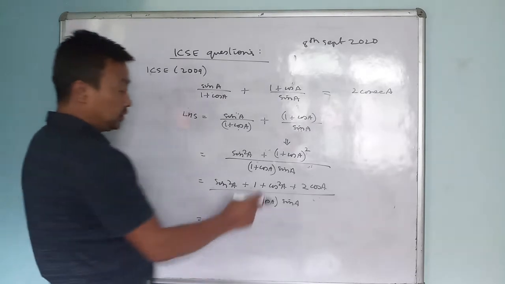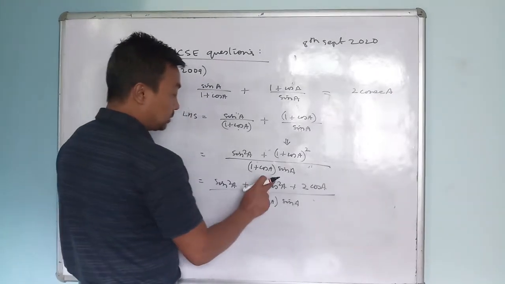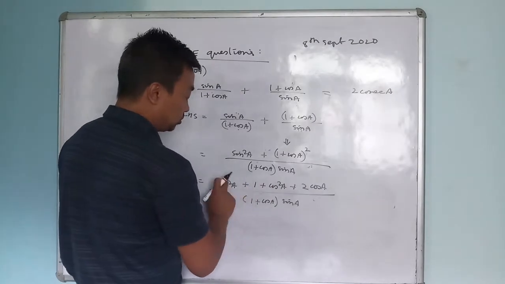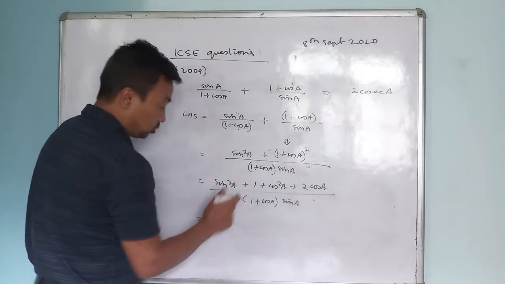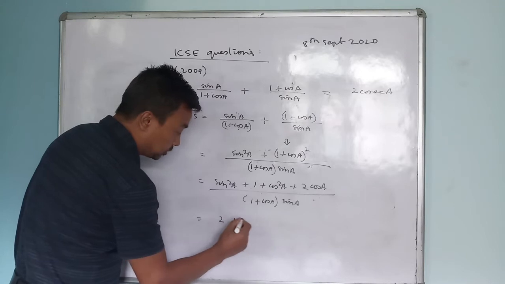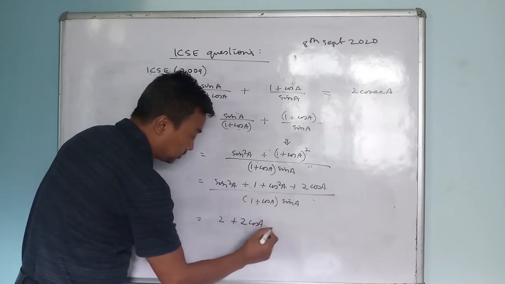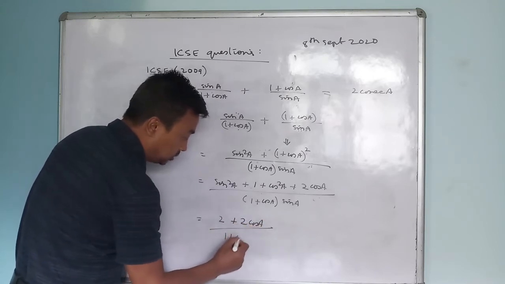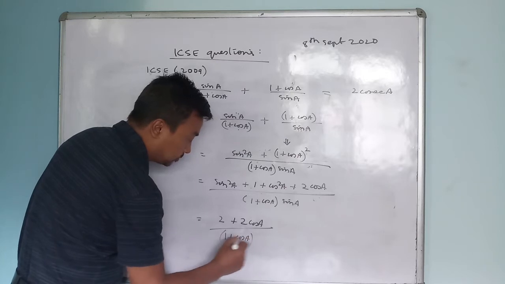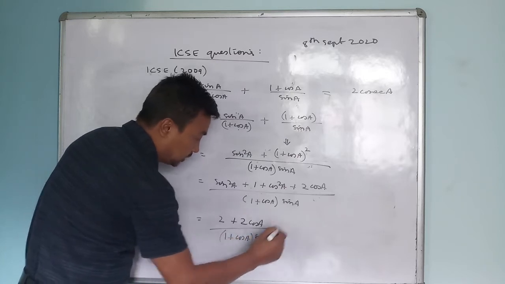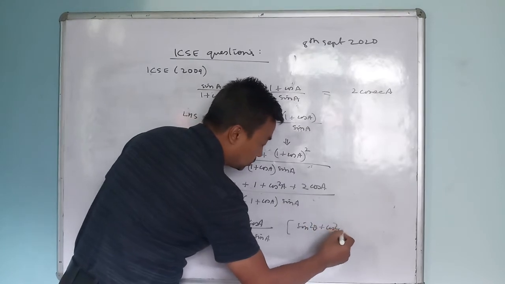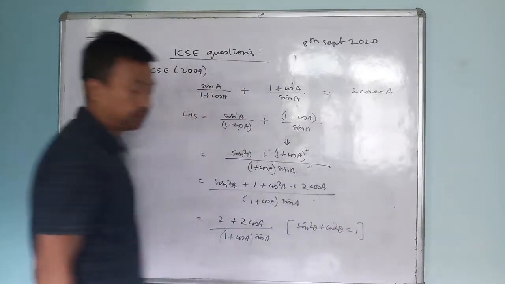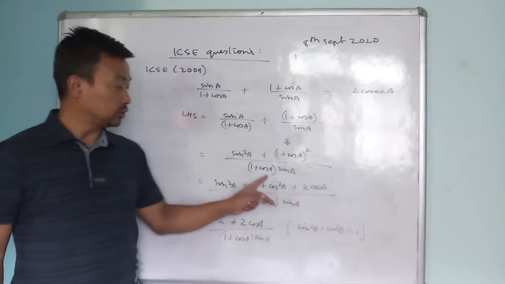Now if you see here, sine square theta plus cos square theta, these two again is what? 1. So 1 plus 1 will become 2 plus 2 cos A. In the denominator we have sine A, because sine square theta plus cos square theta equals 1.